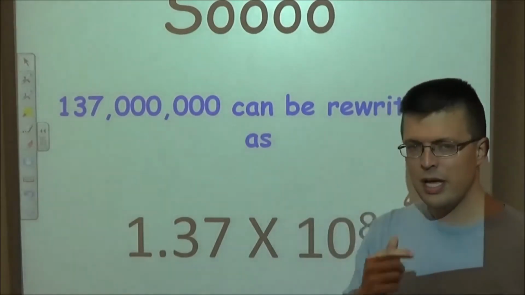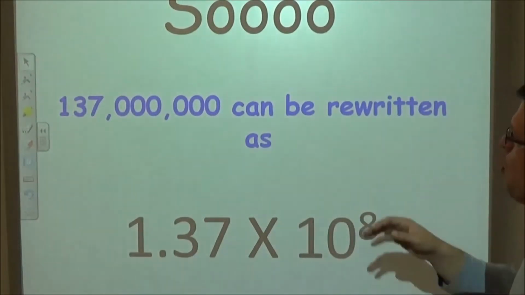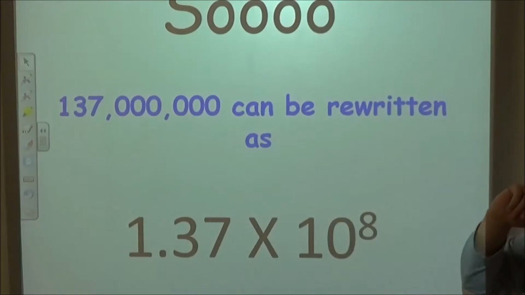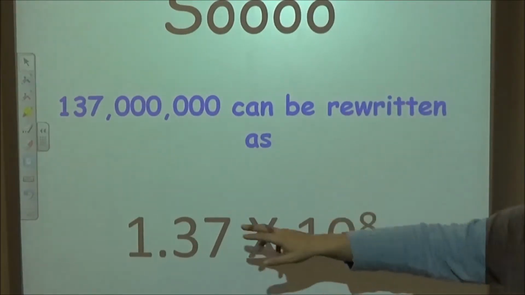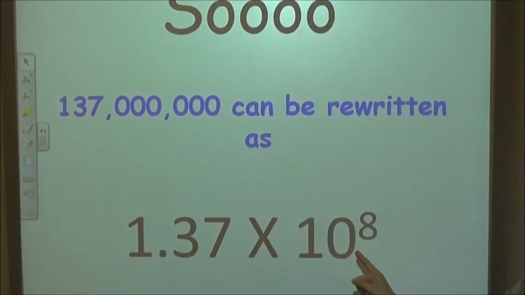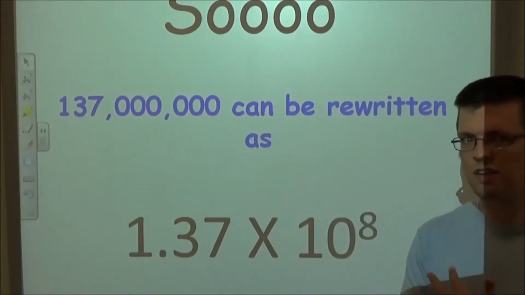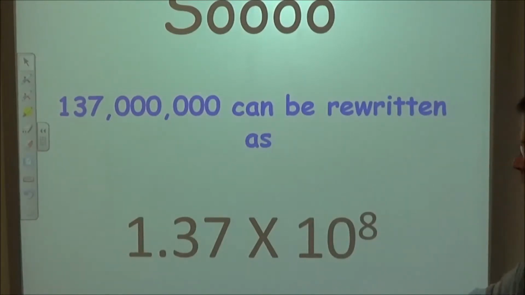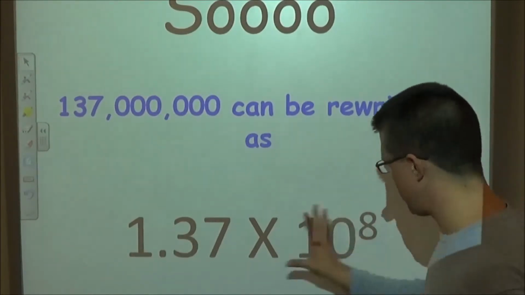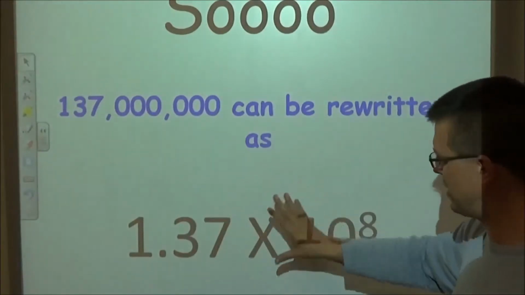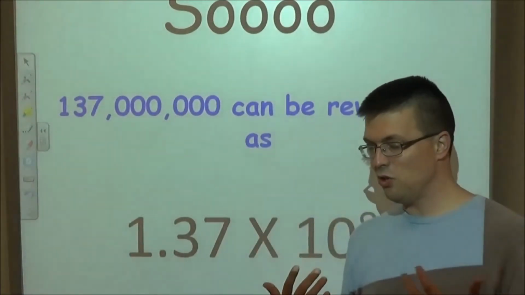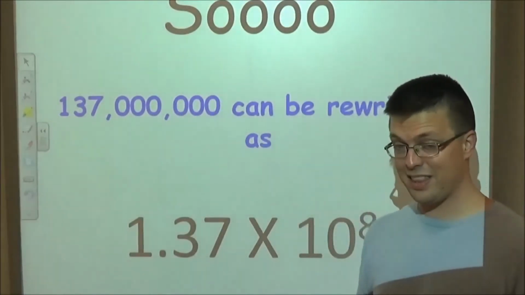So here's our first example. 137,000 can be rewritten as 1.37 times 10 to the 8th power. Now let's look and see why this can be that, how we turn something into scientific notation. Sure, we can do order of operations down here and prove that this is that, but do you really want to guess and check like that all the time?